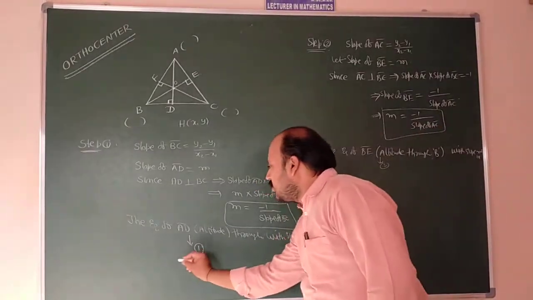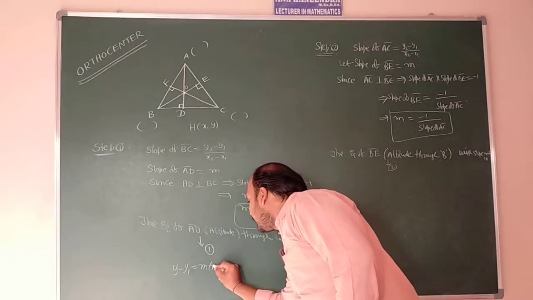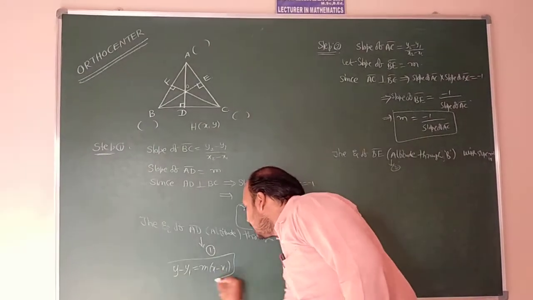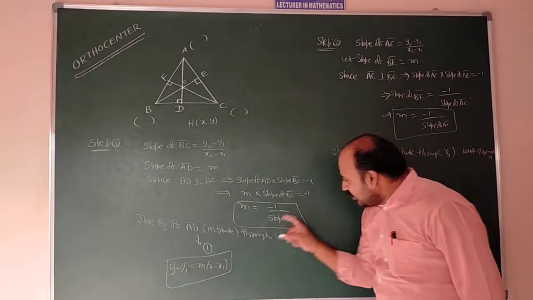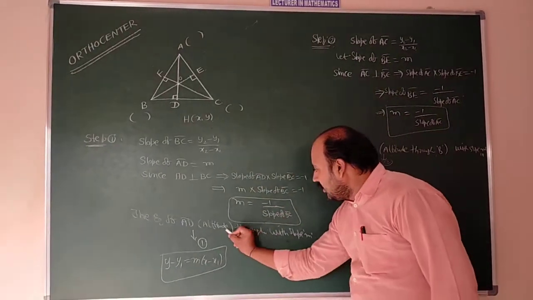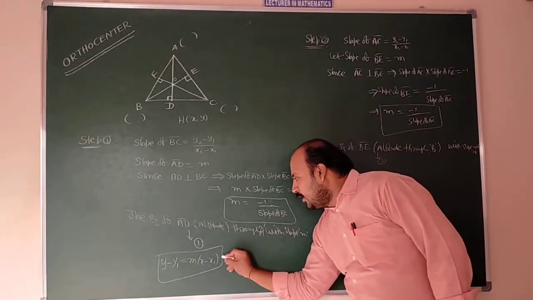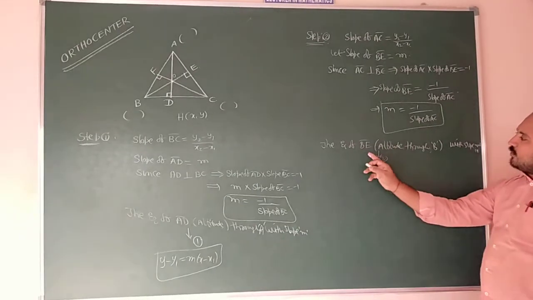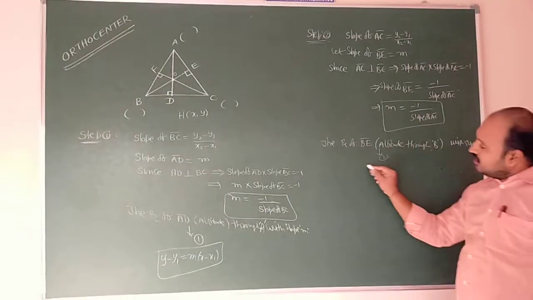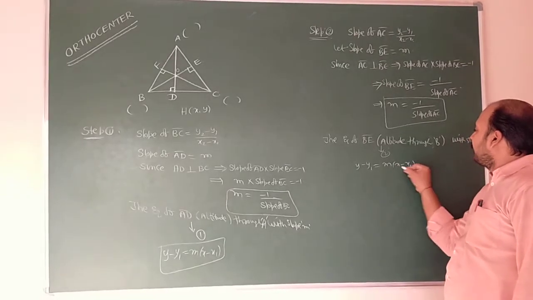Here, which equation we have to apply? We know that y minus y1 equal to M into x minus x1. This is equation number 1. In this, the M value we have to substitute, and in place of x1 y1, the point, altitude through A. This A point you can substitute. Here the equation of BE, altitude through B. Here also the same formula, y minus y1 equal to M into x minus x1.